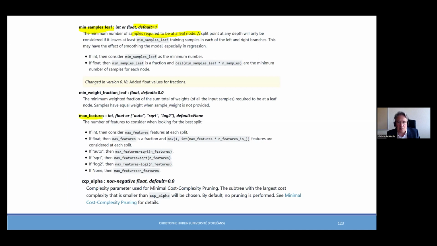Max feature, I will explain this later because it is related to other things. I don't have the time. CC alpha, this is the parameter that you have to impose if you want to make a post-pruning approach. By default, it is equal to 0 because the software privileges a pre-pruning approach by control of the tree. But be careful.